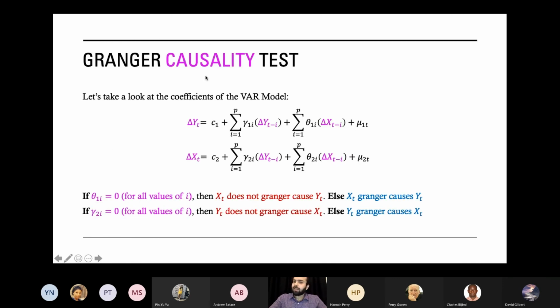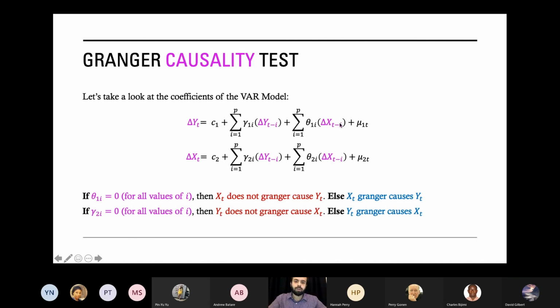A Granger causality test looks pretty similar to a VAR model. Conceptually, the idea is pretty simple. When we are trying to model fluctuations in a particular variable, let's say consumption or income, we regress it on the past values of itself and the past values of one or more other variables.